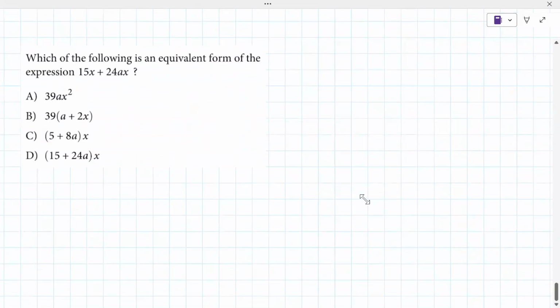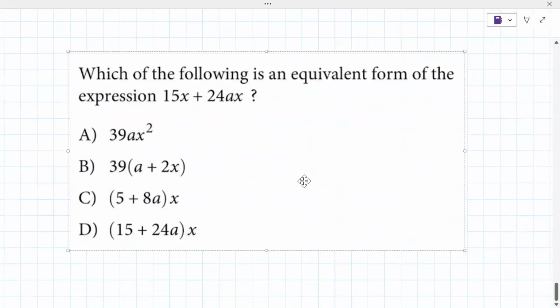All right, hopefully not too bad here. So here's another problem for you to look at. B. Which one?